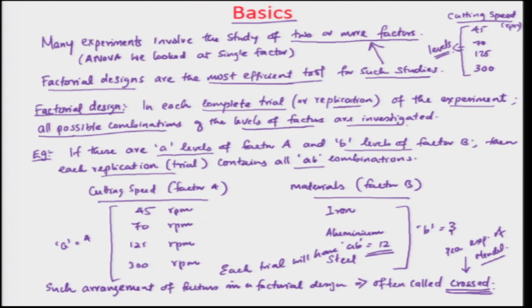If you say that I am using a factorial design that is crossed, what we are saying is that all possible combinations of A and B are being tried. That is what the term crossing implies. Now, let us get into the second concept, called the effect of a factor.